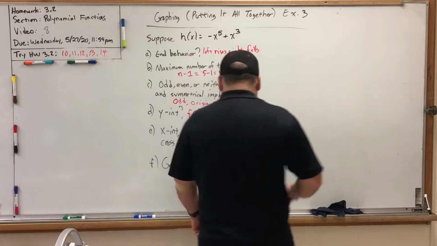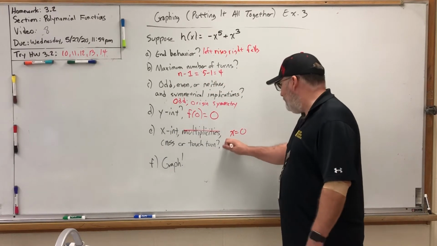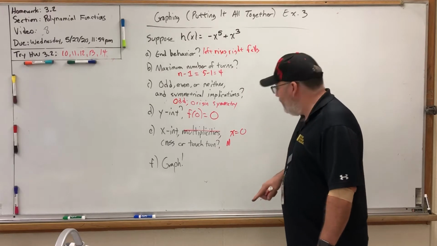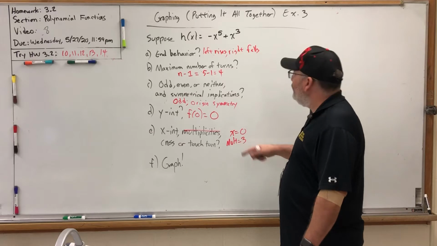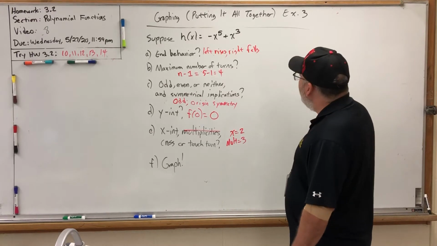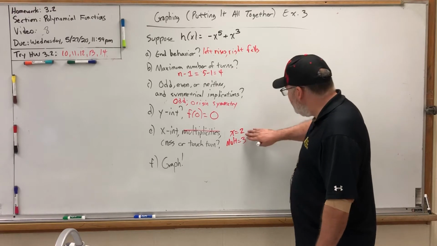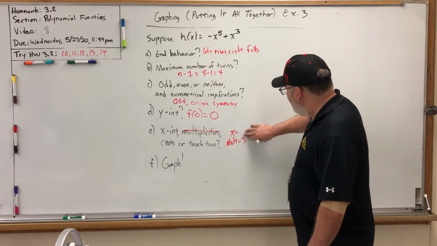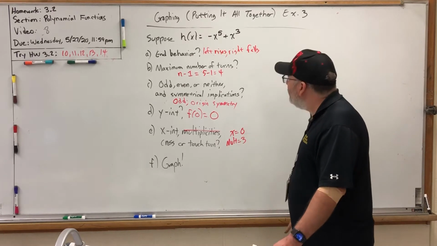The x-intercepts on this were, I know I crossed out multiplicities, but I'm sorry, x equals 0. And I want to remind you that the multiplicity of this x-intercept was, I'm sorry, it was 3. The x-intercept is 0, and its multiplicity was 3.